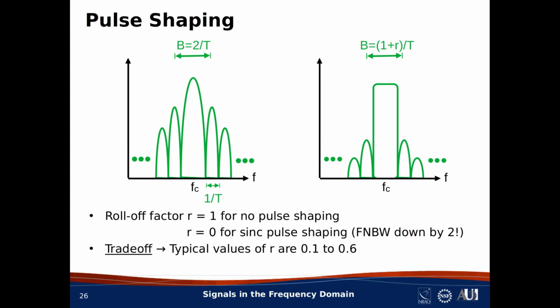Well, the answer is that there is a trade-off, and the trade-off is that the smaller r becomes, the more extended the symbol becomes in time. This makes it harder to generate the symbols, and it also makes it harder to design receivers that can optimally receive the symbols. In practice, a typical value for the roll-off factor ranges from about 0.1 to about 0.6.